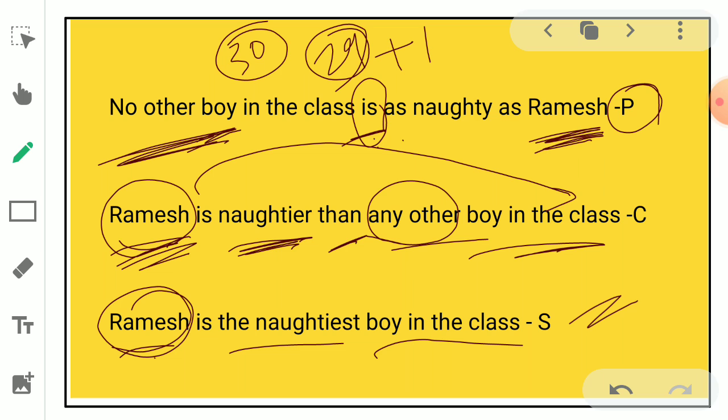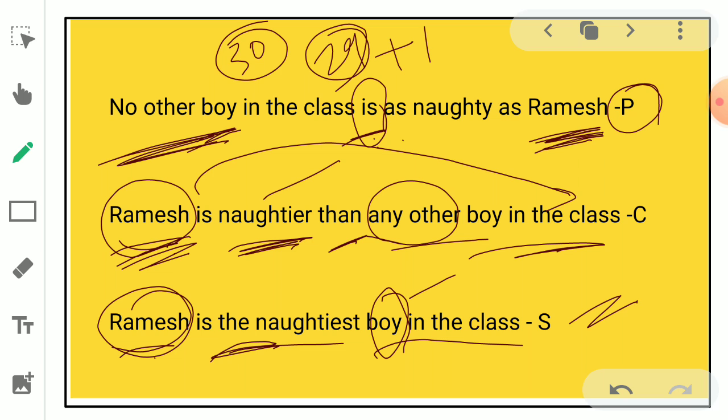When it is superlative, earlier we wrote Ramesh is one of, but here it is totally different. Why? Because boy is singular. Everybody in the class is compared with Ramesh about the quality, that is naughtiness, naughty behavior, right?